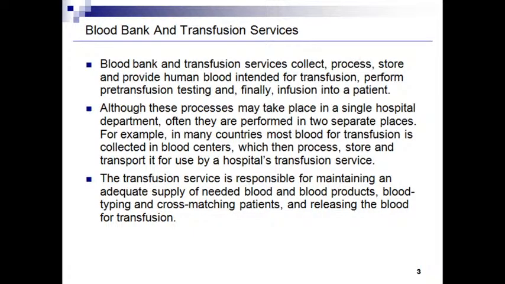Any clinical hospital has its own transfusion service, which deals with transfusion of blood components into patients being treated in that hospital. The transfusion service is responsible for maintaining an adequate supply of needed blood and blood products, blood typing and cross-matching patients, and releasing the blood for transfusion.